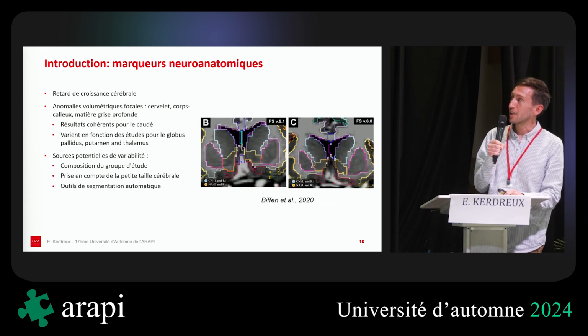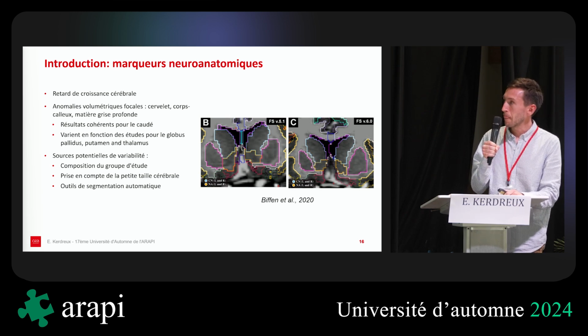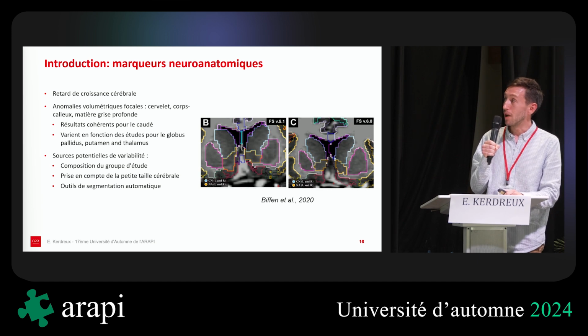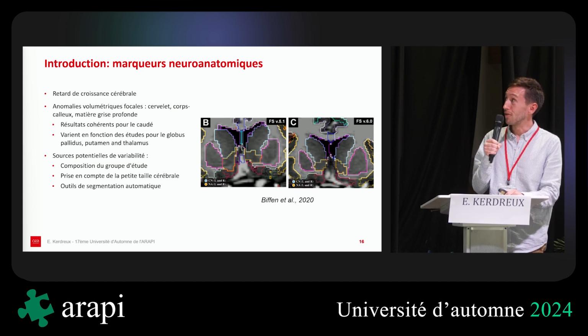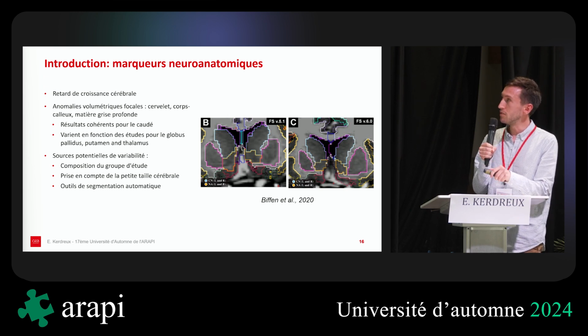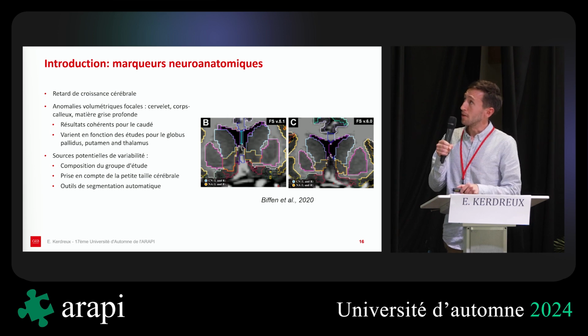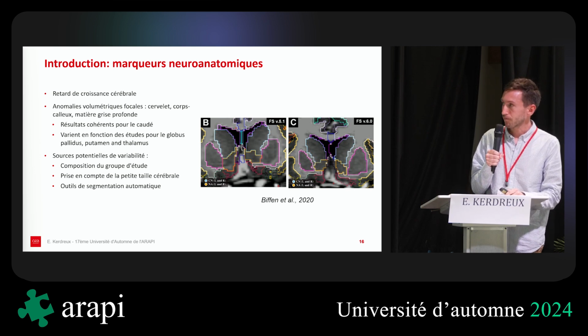And then there is the question of the tools to do the neuroanatomical segmentations. Some tools are automatic, so there is a potential bias induced by the type of tool, and maybe sometimes even dependent on the person. Here you can have the segmentation. It's the same tool, different versions.